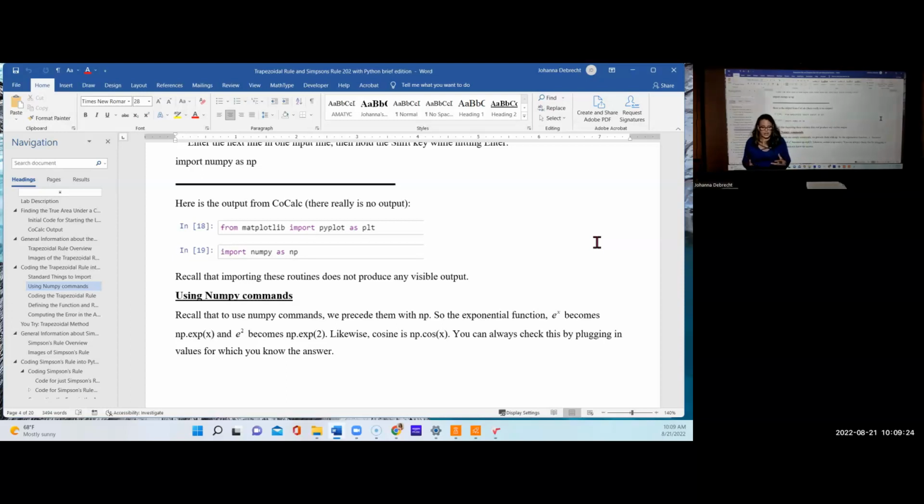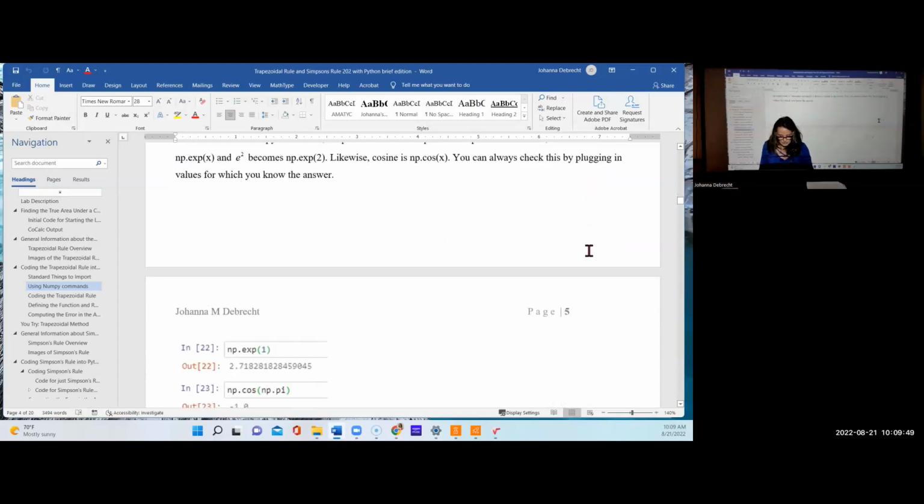Now you can always check this by plugging in some value for which you know what the answer is. For example, I know that e to the first power is 2.71828182845.9, blah, blah, blah. So I could put in np.exp parentheses 1 and hold down the Shift key and hit Enter to check that it's giving me the right value.